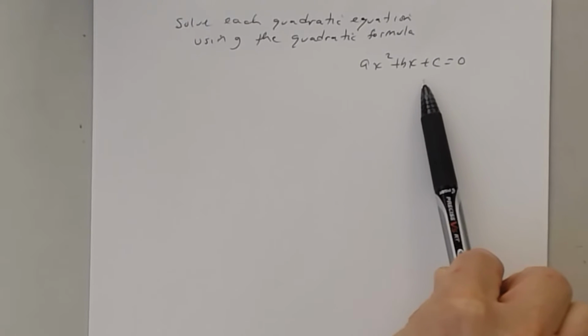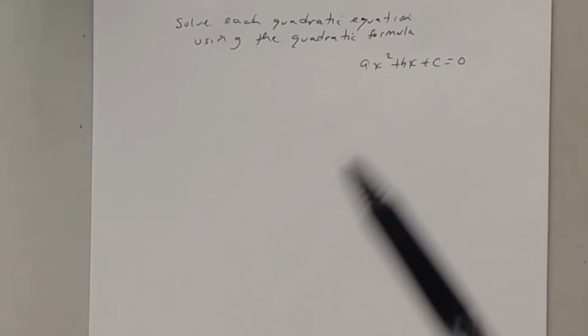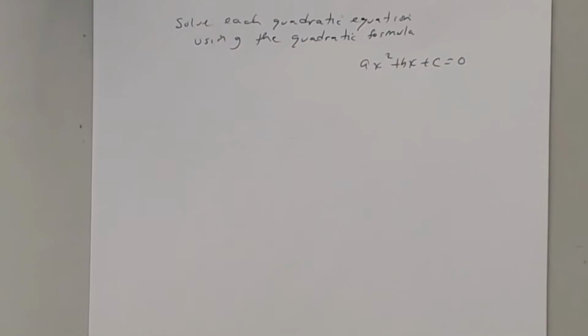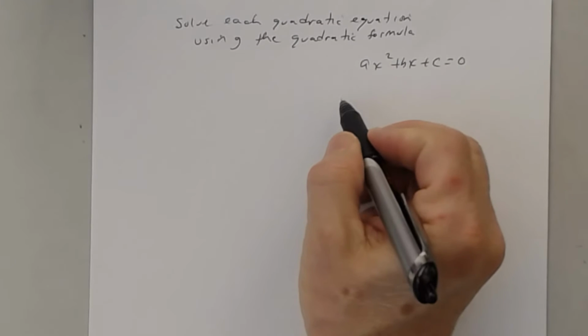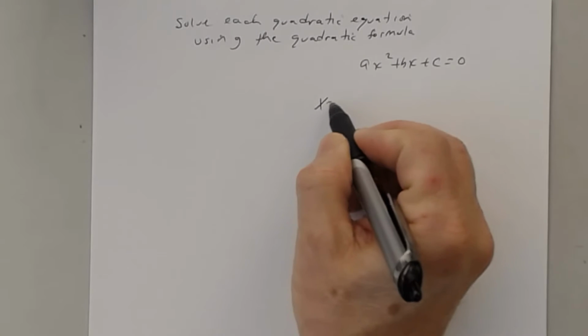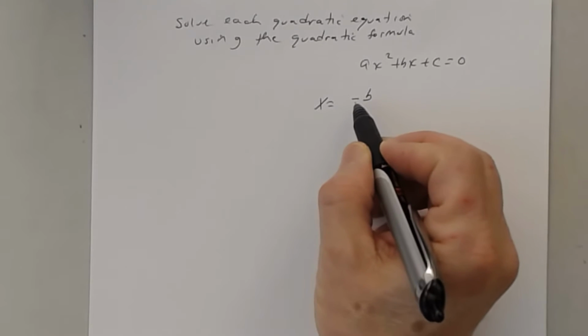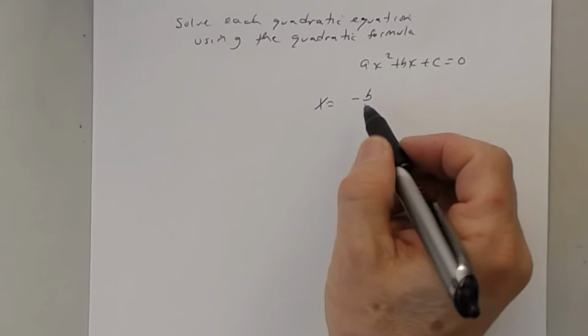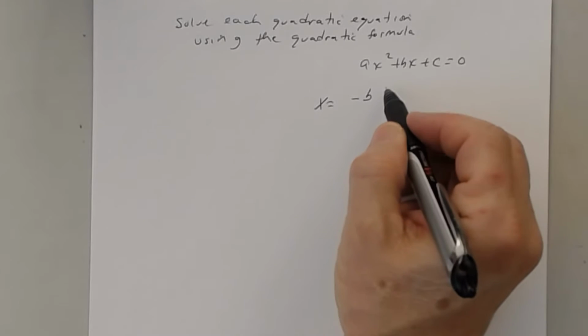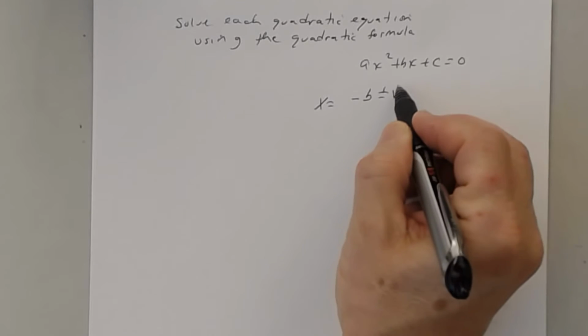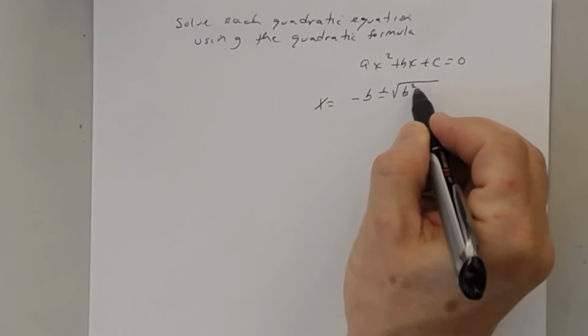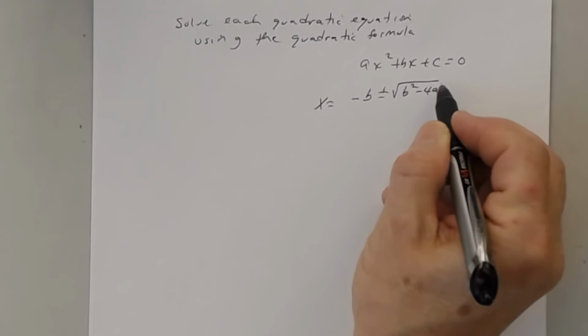Okay? Now the quadratic formula looks like this. I'll give you the formula, you just have to know how to use it. Your solutions will be the opposite of b, plus or minus the square root of b squared minus 4ac.